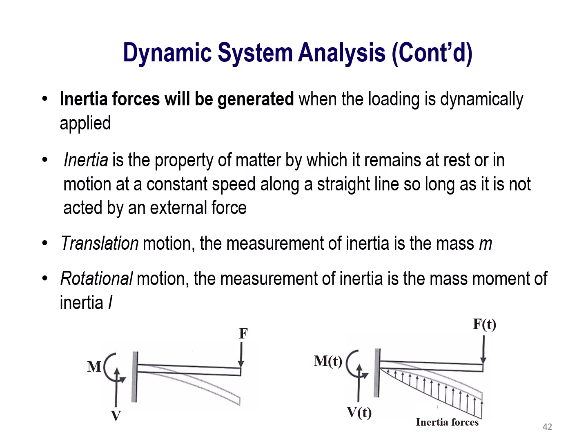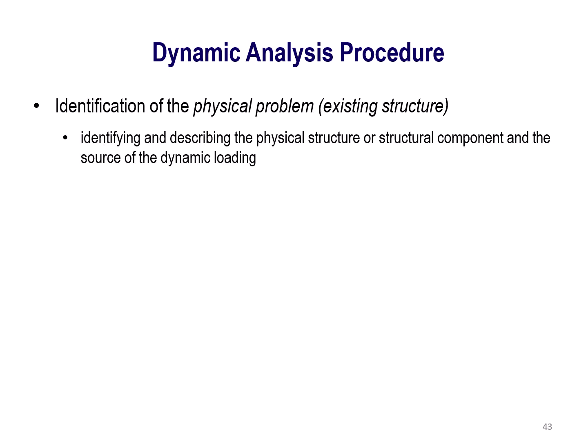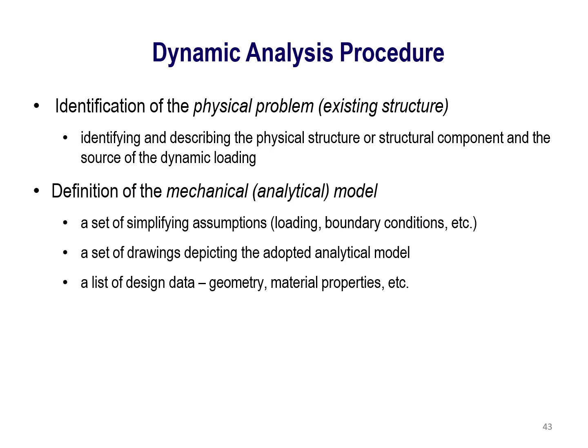So the dynamic analysis procedure will start first with identification of the physical problem or the existing structure. So we need to identify and describe the physical structure or structure components and the source of the dynamic loading. Second, we need a definition of the mechanical model or the analytical model. So it's a set of simplifying assumptions like the loadings, the boundary conditions, and so on.